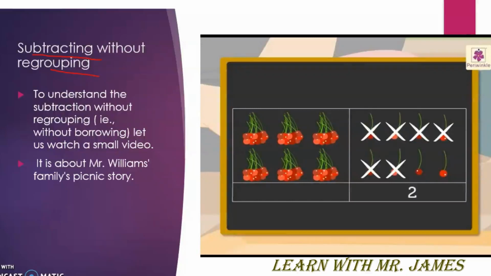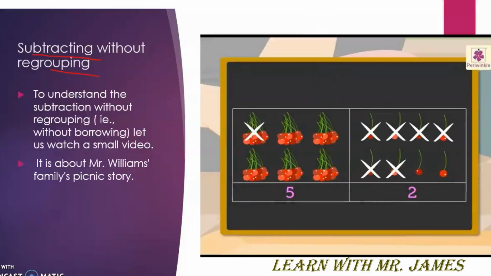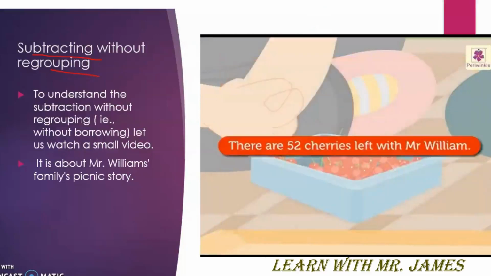And then we cancel 1 ten from 6 tens, which is equal to 5 tens. So we get the answer as 5 tens and 2 ones, which is 52. Hence, there are 52 cherries left with Mr. William.